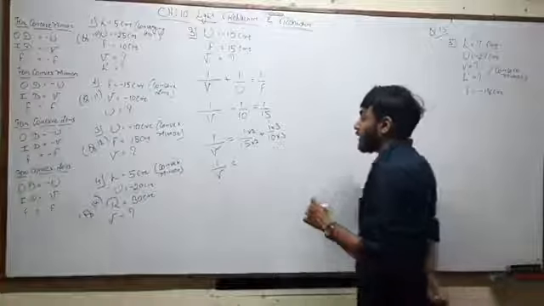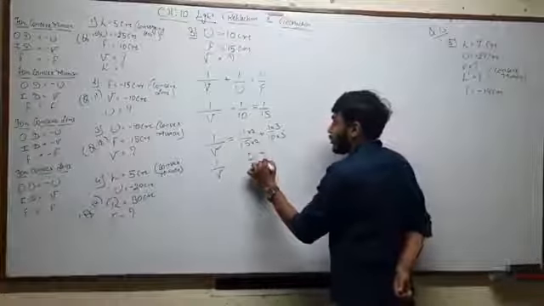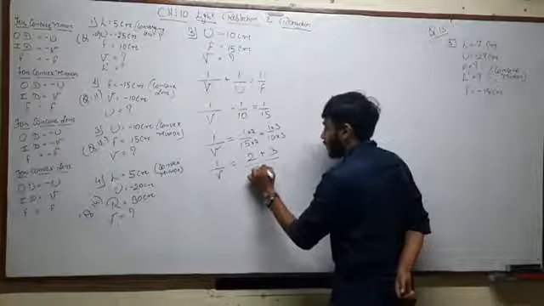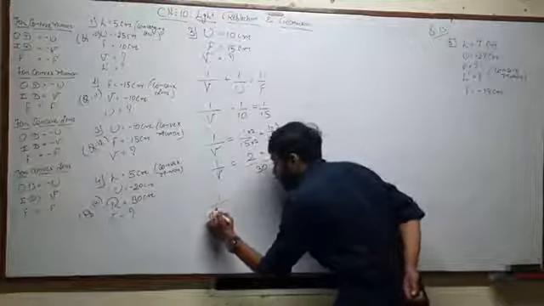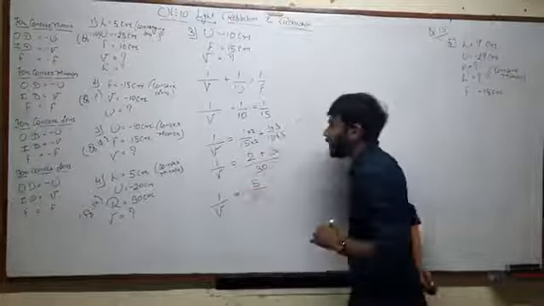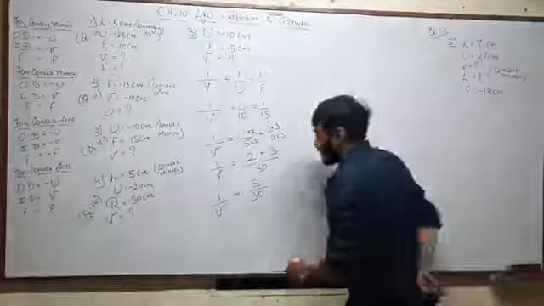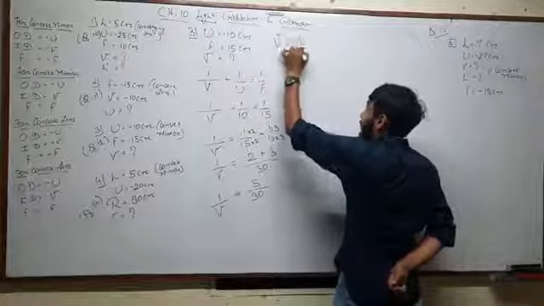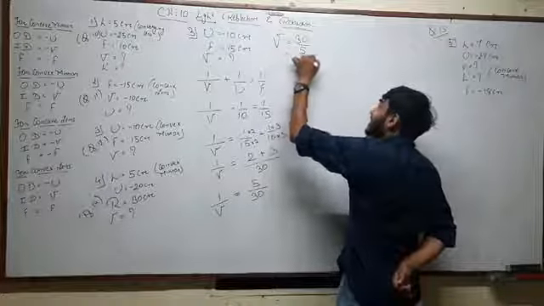So 1 upon v is equal to 2 ones are 2 plus 3 ones are 3, whole upon 30. So 1 upon v is equal to 5 upon 30. Okay, and so our v becomes 30 upon 5. Therefore, v is 6 centimeter.